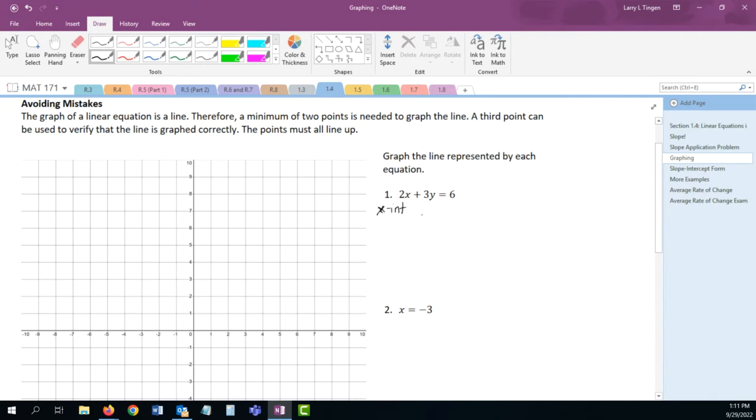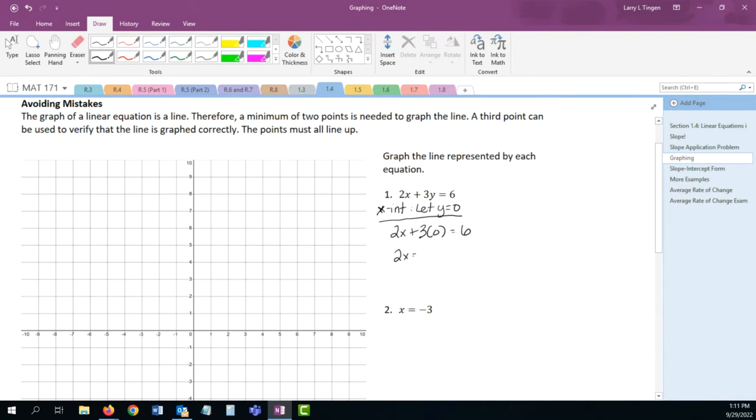So to find the x-intercept, I let y be 0. And now I plug it into the equation of the line. So I have 2x plus 3 times 0 is equal to 6. 3 times 0 is 0.